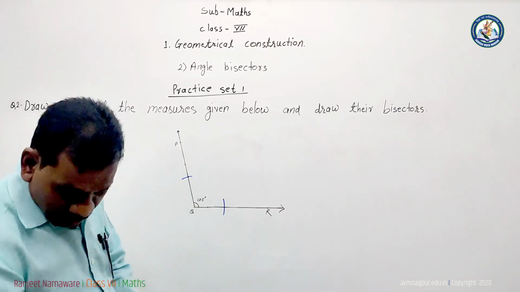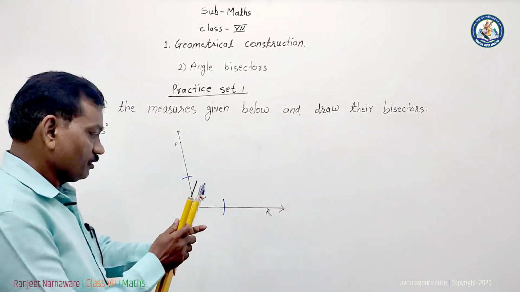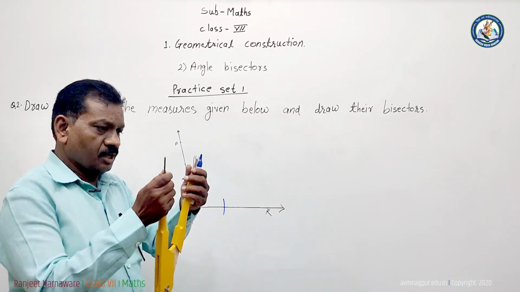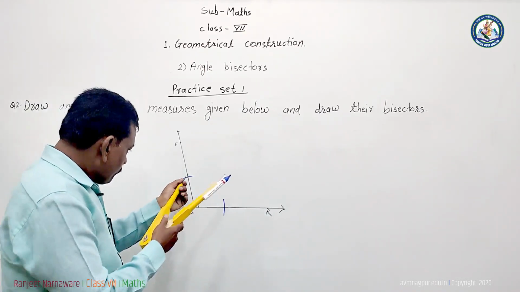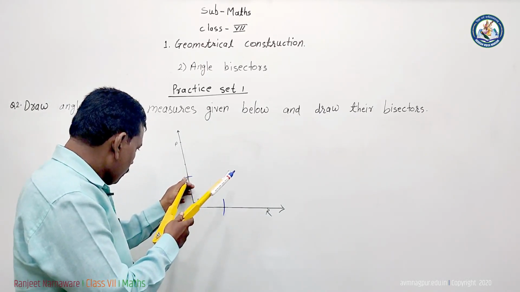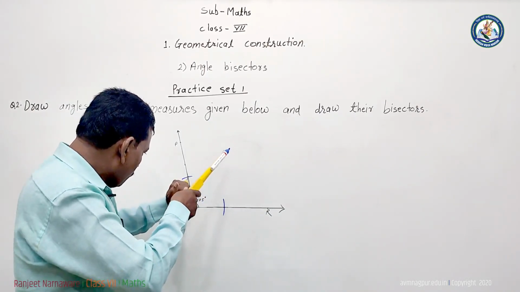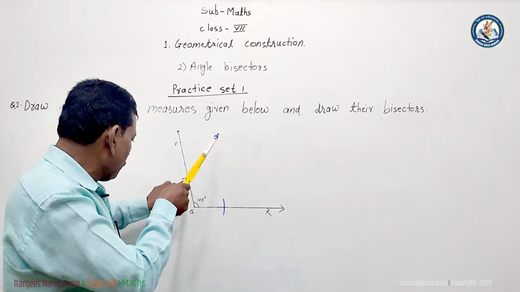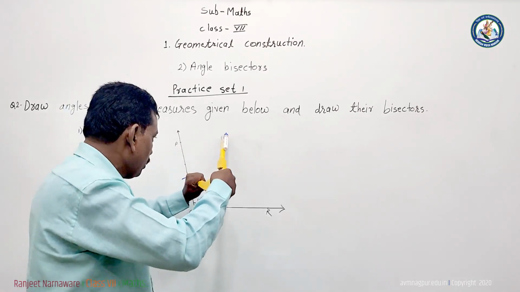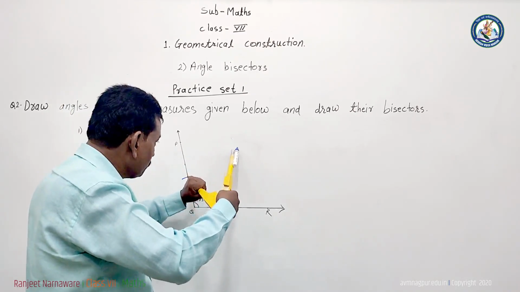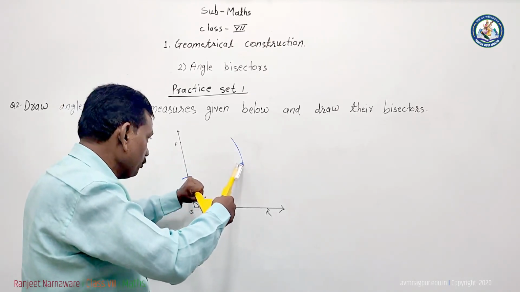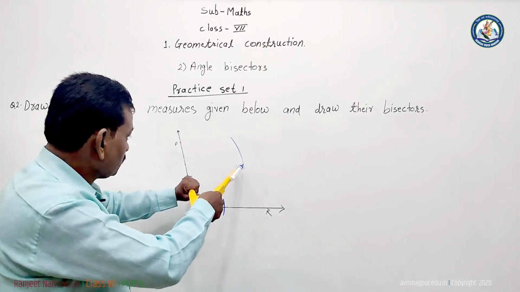Then increase the distance just a little bit. Then put the compass on the intersection of arc and arm and draw another arc in the middle of the diagram. This is the first arc.